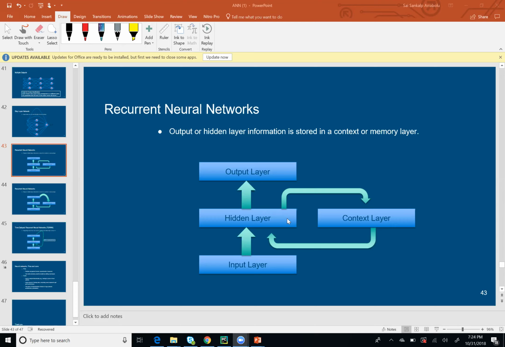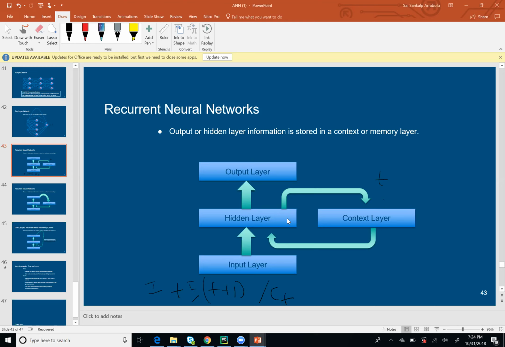In recurrent neural networks, the output of a previous layer is again passed along with the input. This output is at time t, but the next observation comes at time t plus 1. So this input is given along with time t plus 1. Let's say we call this c of t, and I call this input I of t.